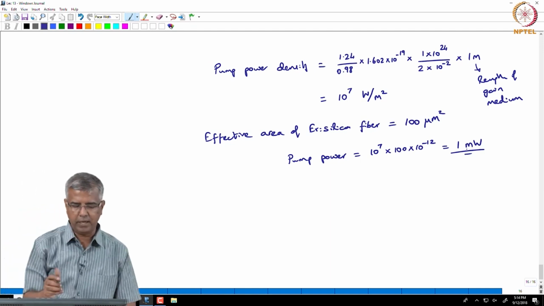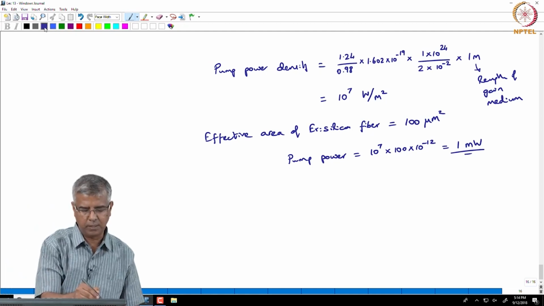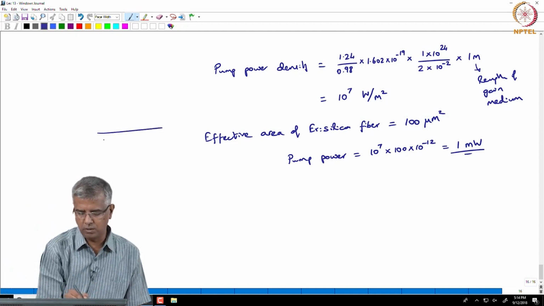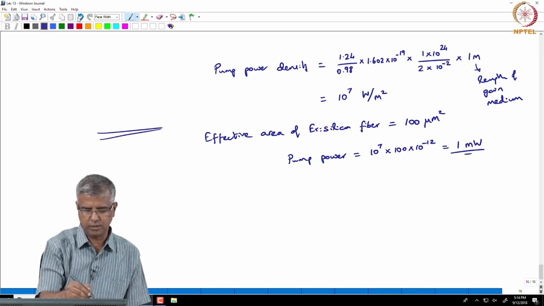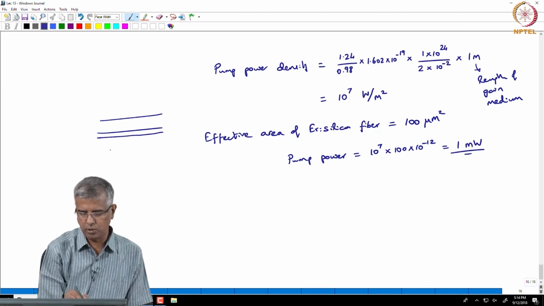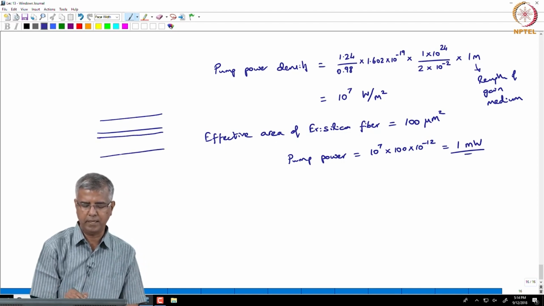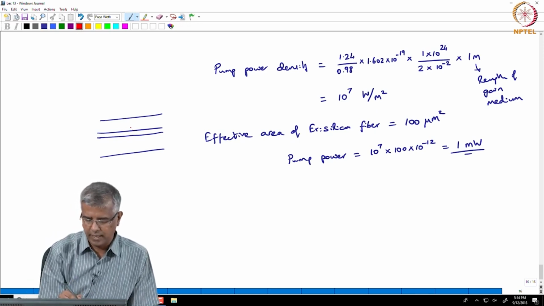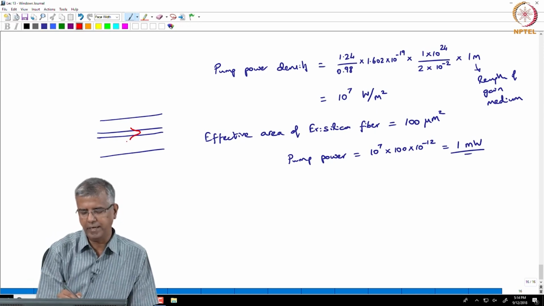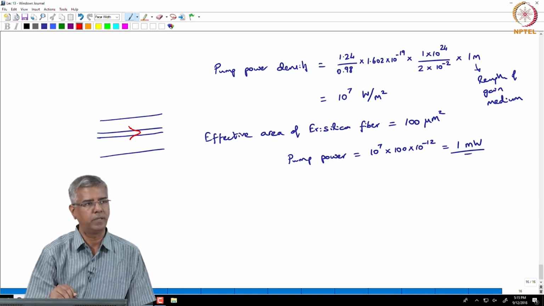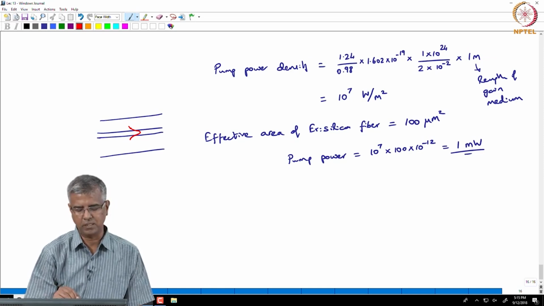So, effective area is the area of your fiber. So, we talked about, sorry, the core and cladding of a single mode fiber, and we said that light is actually confined in the core region primarily, a little bit of that is spilling over into the cladding region, right.